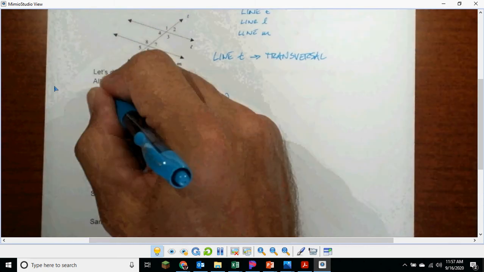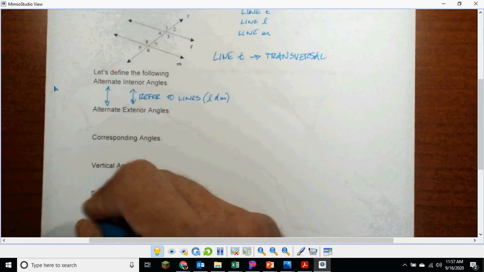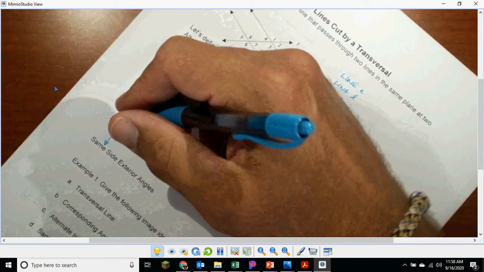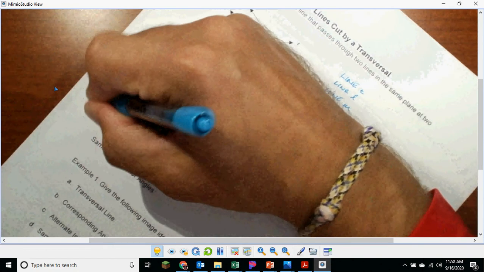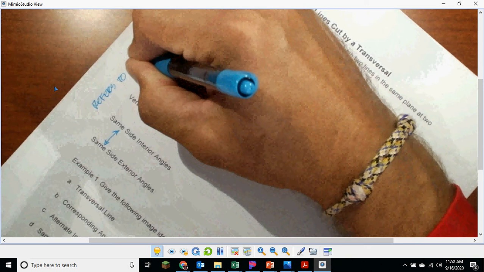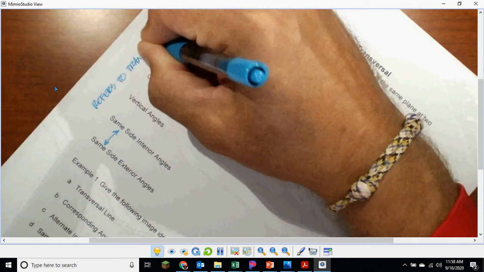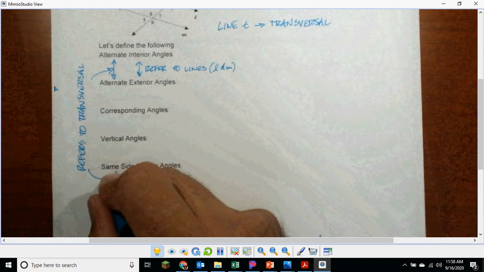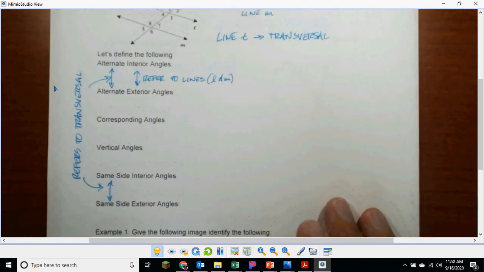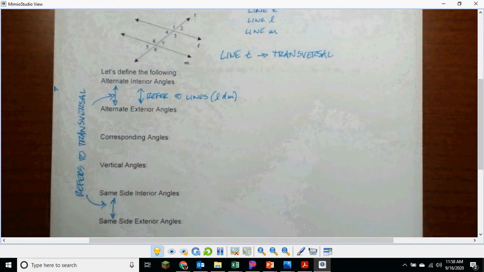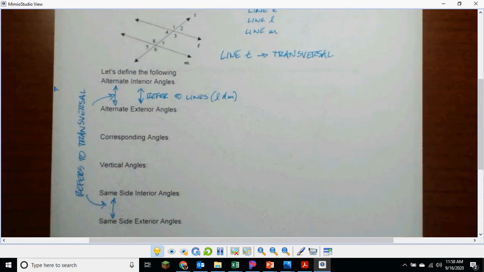Alternate or same side, and I'm going to write this sideways here, refers to the transversal. Alternate, just like when we walk, we take alternate steps, means one from the left, one from the right.